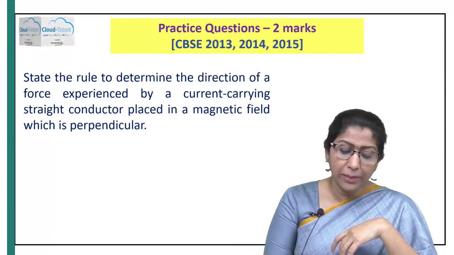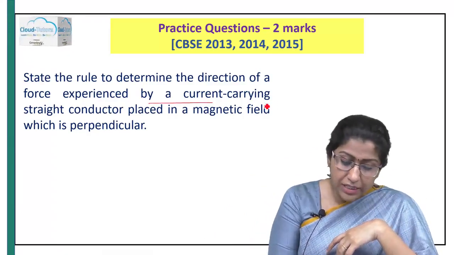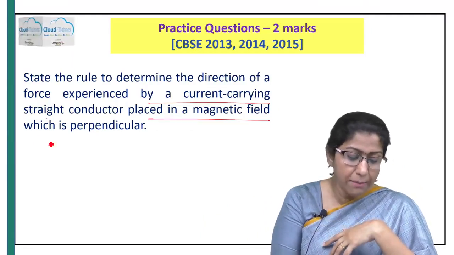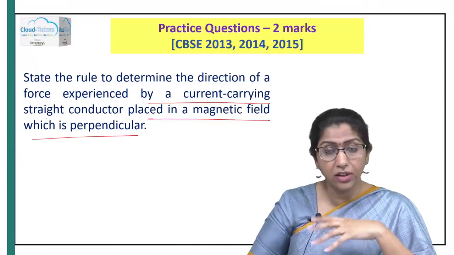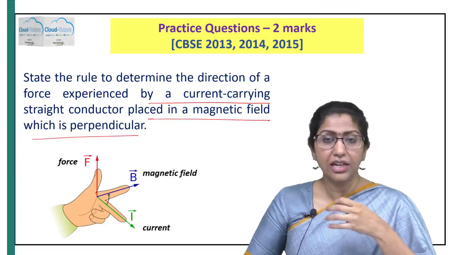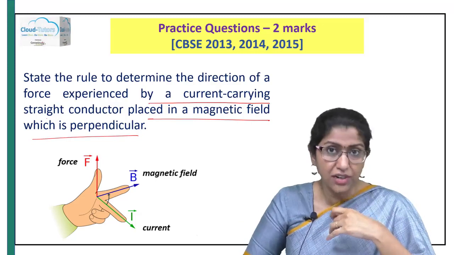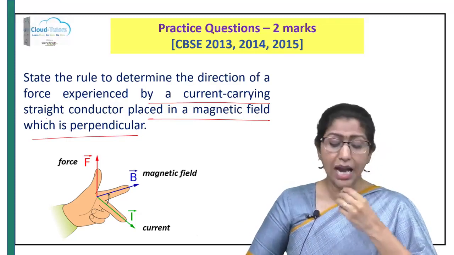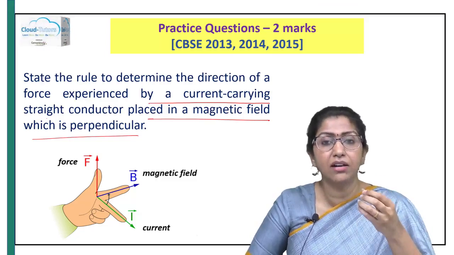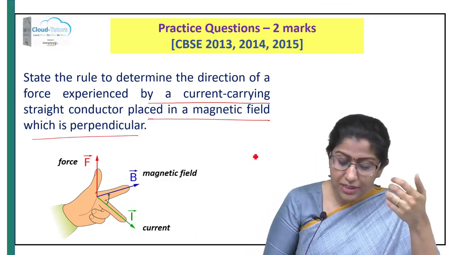State the rule to determine the direction of the force experienced by a current carrying straight conductor placed in a magnetic field which is perpendicular to it. We know that it is given by Fleming's left hand rule. I would suggest, if it's a 2 marker question, you can write down the statement and draw a representative diagram.